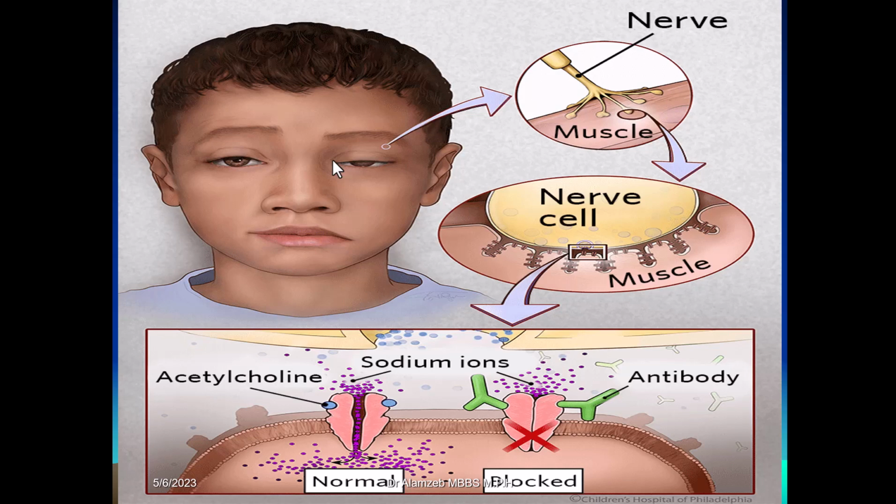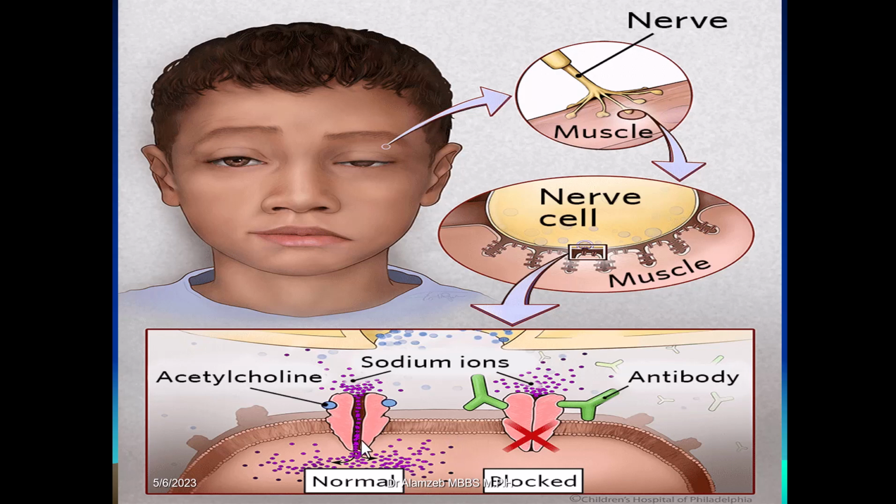In myasthenia gravis, the patient fatigues very easily, and this is due to the acetylcholine receptors. Antibodies are produced against these receptors and they are destroyed. So there are fewer receptors on the membrane of the muscle, and the acetylcholine cannot pass to the muscle. That's why it cannot contract.